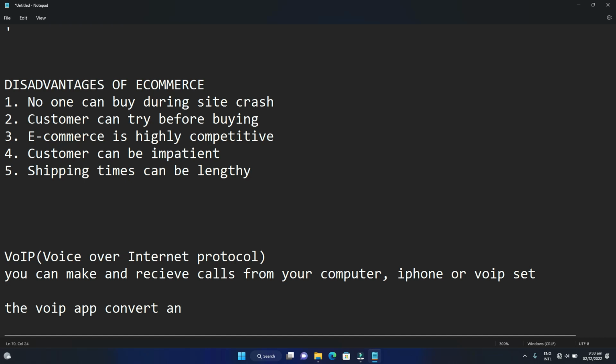The VoIP app will convert the analog sound wave into digital sound wave. The analog sound wave is because you'll be talking. Most of our phones use analog, like the olden times. So the VoIP app will convert the analog sound waves into digital sound waves.